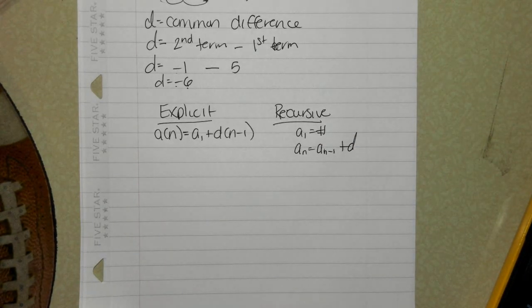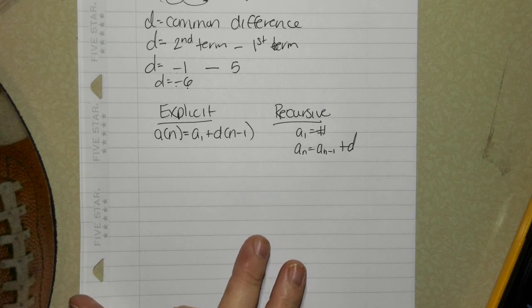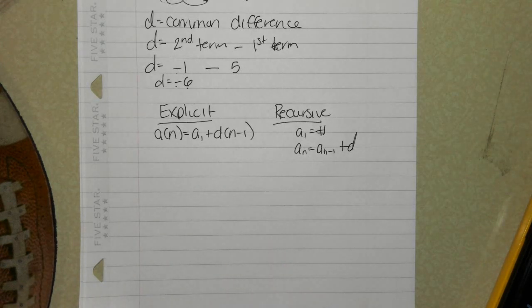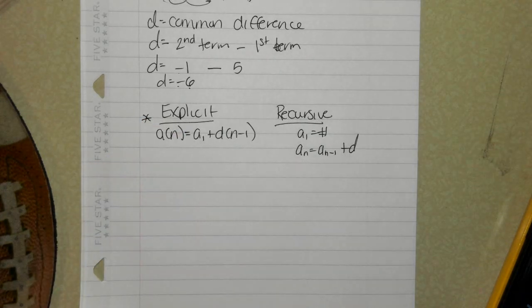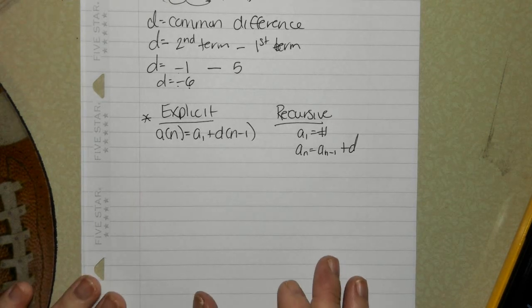A sub 1 represents the first number in the sequence. D is the common difference. I prefer to use explicit. I think it's easier to apply. You do have to know how to write a formula for both given an arithmetic sequence.